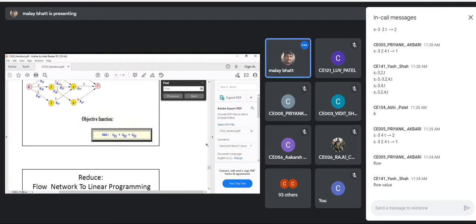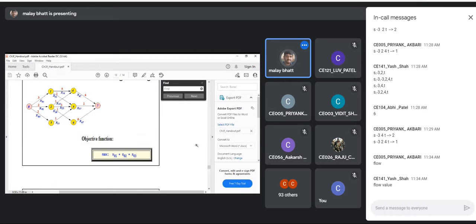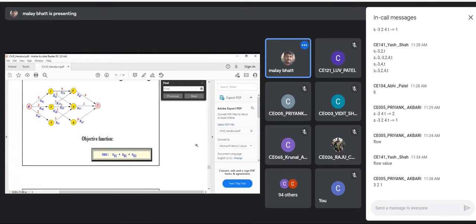Can you tell me what the values of x01, x02, and x03 will be?